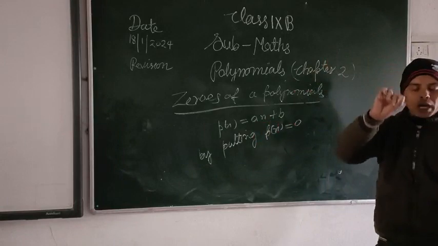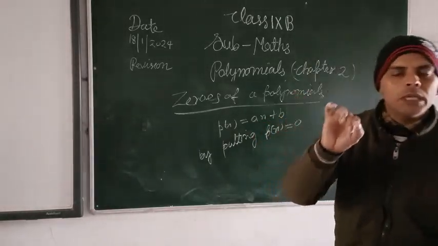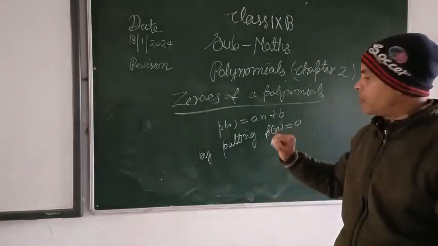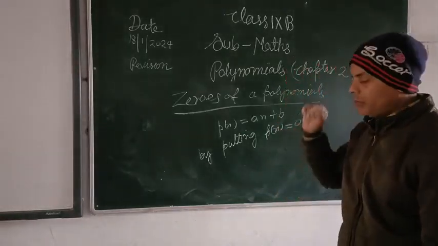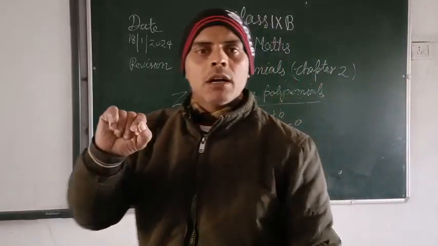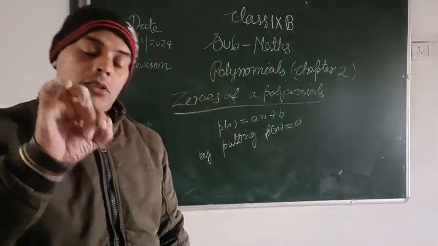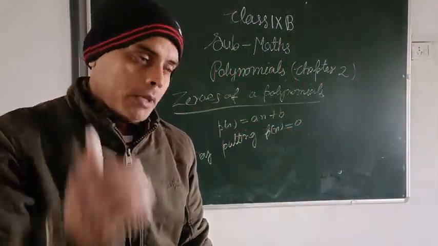By putting p(x) equal to 0, whatever be the value of x, that value is known as the zeros of the given polynomial.